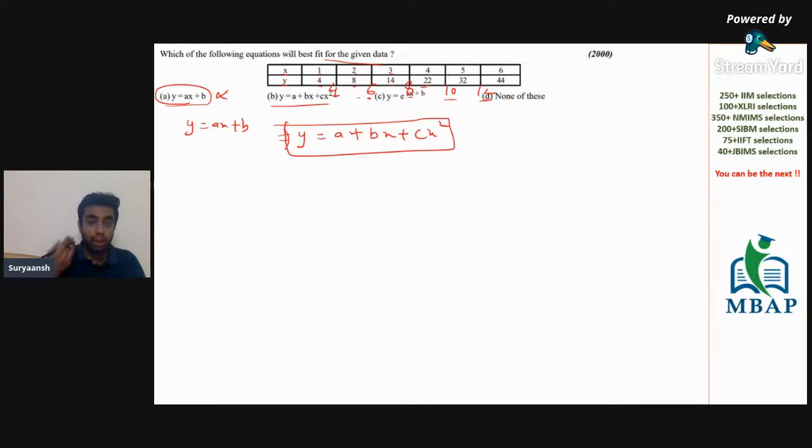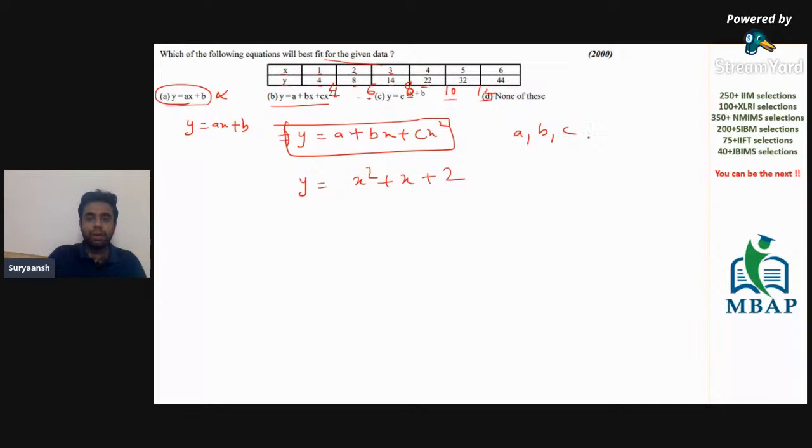The equation that comes out, if you observe this, you would find that for x equal to 1, y is equal to 4. For x equal to 2, y is equal to 8. The relationship that comes out would be x square plus x plus 2. You can either solve this for 3 values and find out the values of a, b, and c.